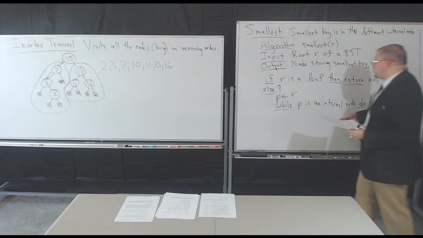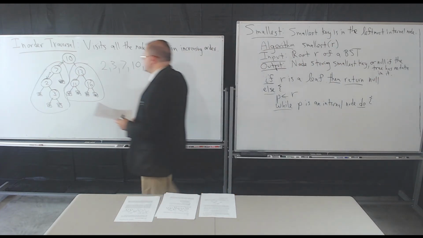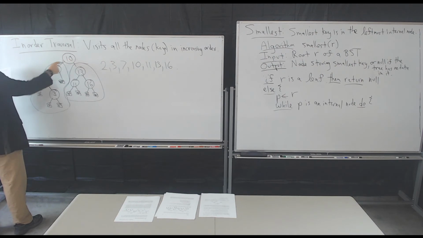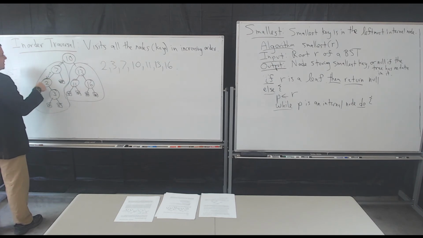So what am I going to do? Well, I have an internal node. So what I want to do is I want to go left while I have an internal node, right? If this is an internal node, I know that I have two children, right? But it might be possible that the child might be a leaf, right? So we don't want to go too far.